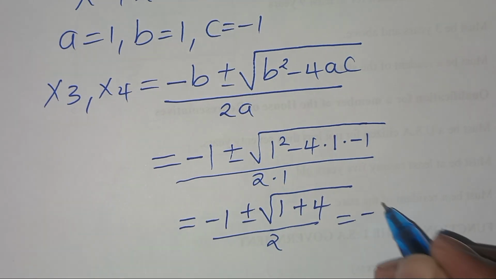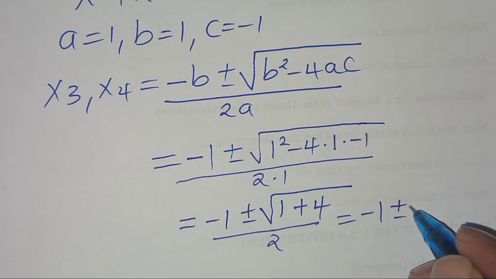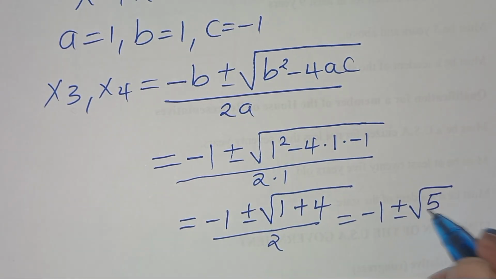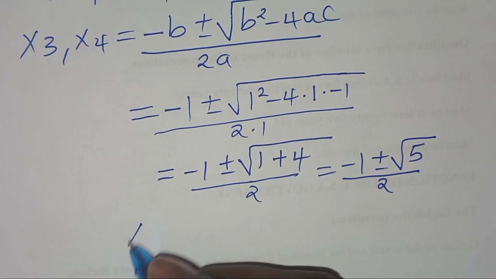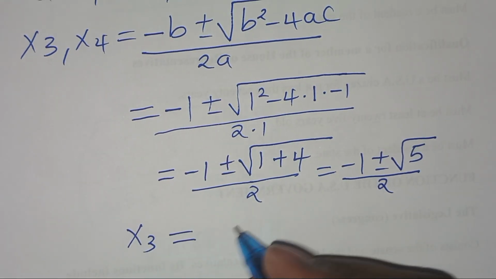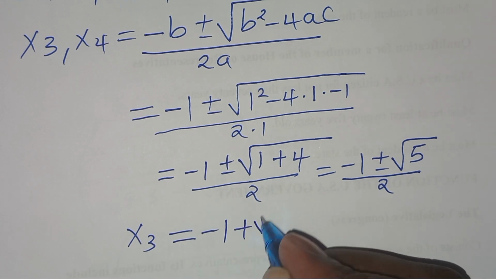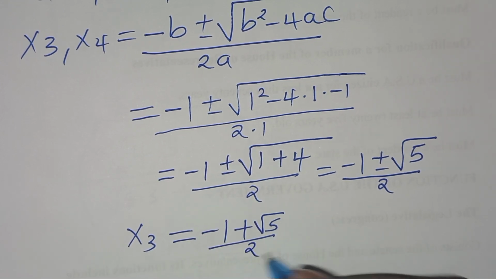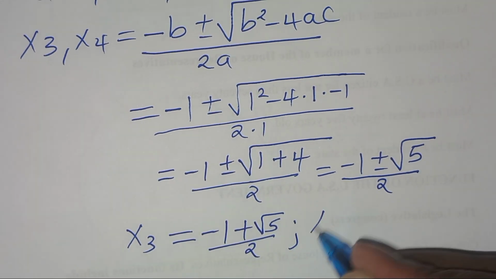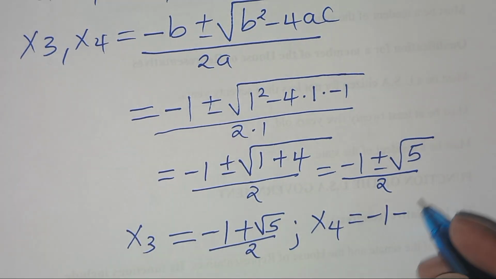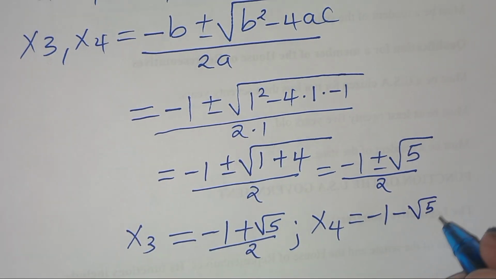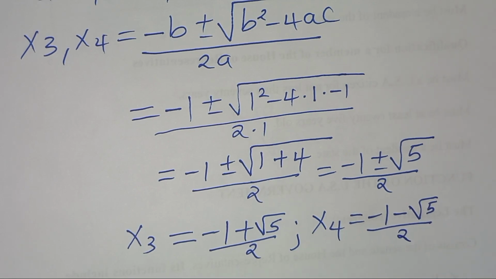So here we have minus 1 plus or minus the square root of 5 divided by 2. So that implies that x3 is equal to minus 1 plus square root of 5 divided by 2, and then we have x4 equal to minus 1 subtract square root of 5 divided by 2.